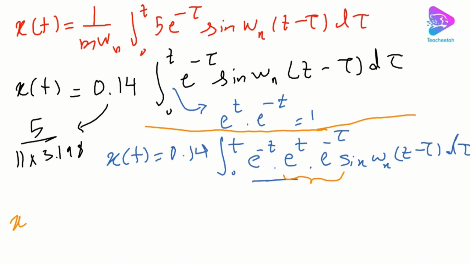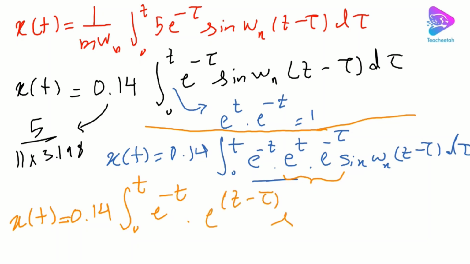So x(t) would be 0.14 integral from 0 to t of e^(-t) times e^(t-τ) sin(ωn(t-τ)) dτ.